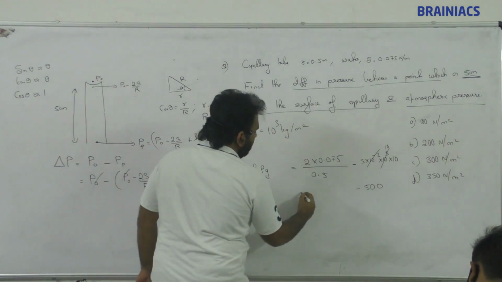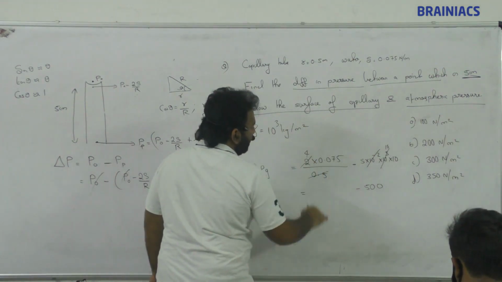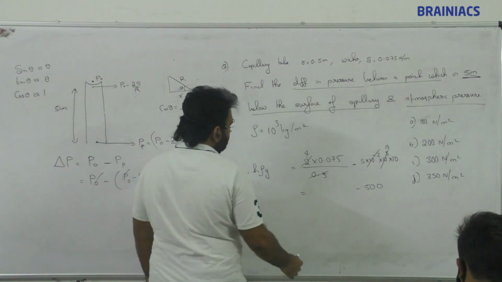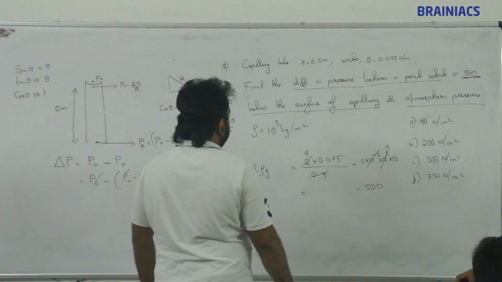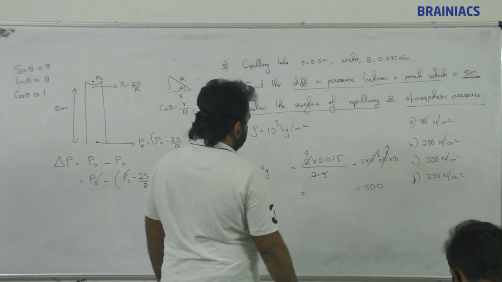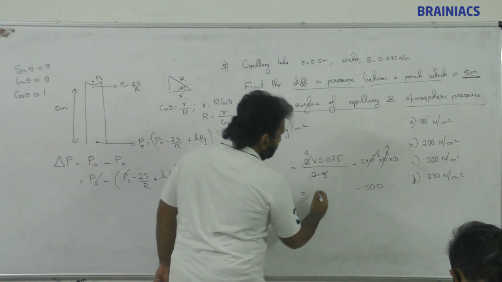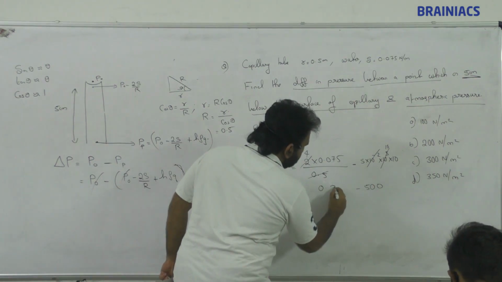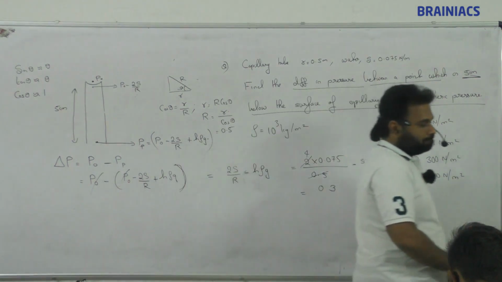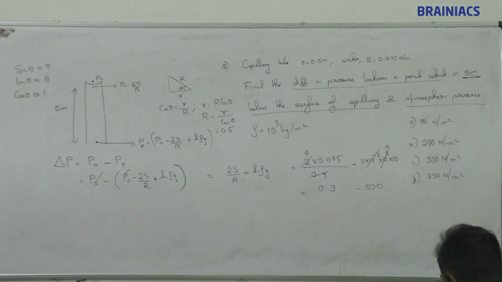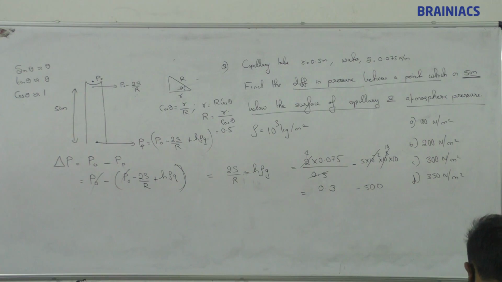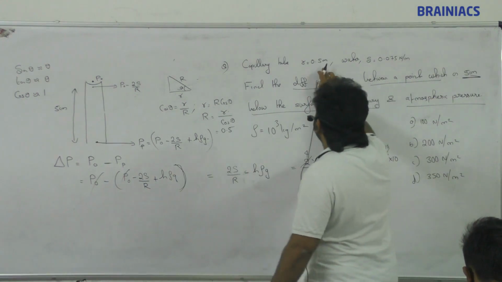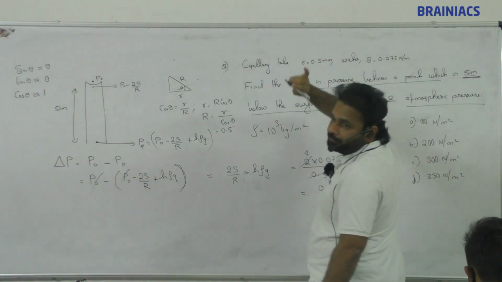And what are we getting here? This is actually 4 layer, 0.3. Okay. Clear, children? So here this is actually millimeter.